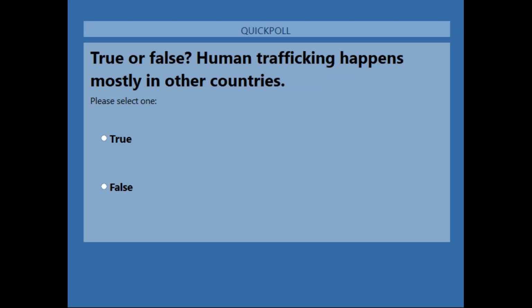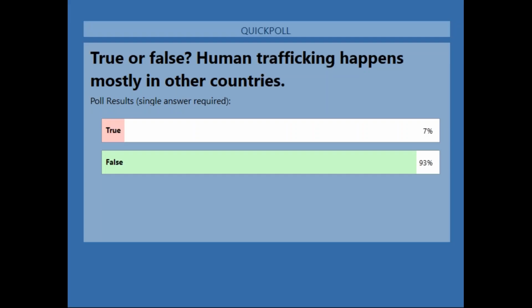So we'll just wait a few minutes while people answer, or about 30 seconds. Okay, I think mostly everyone has answered, so I'm going to go ahead and close the poll and share the results.